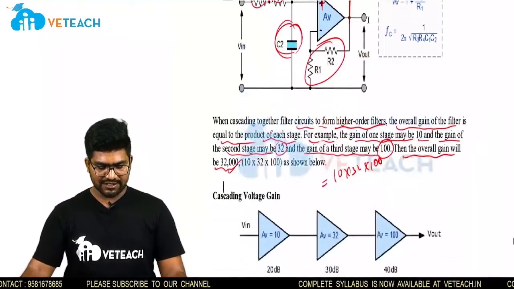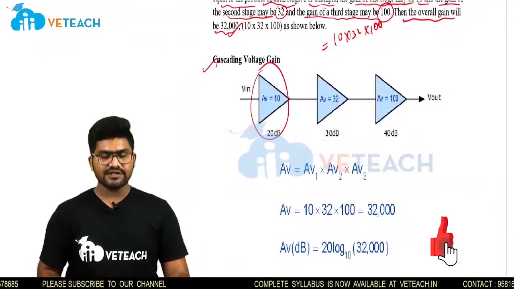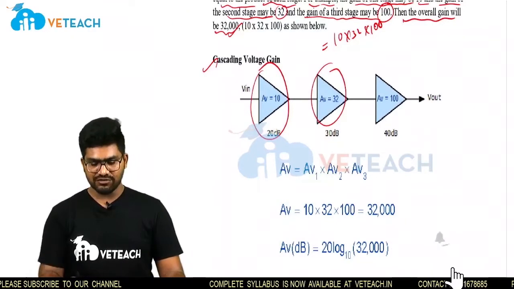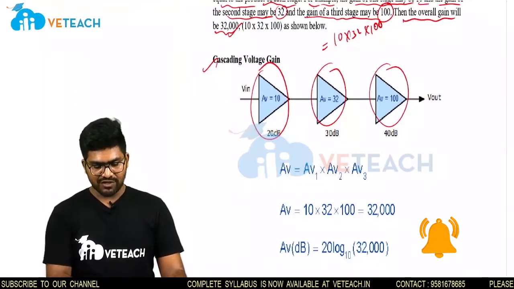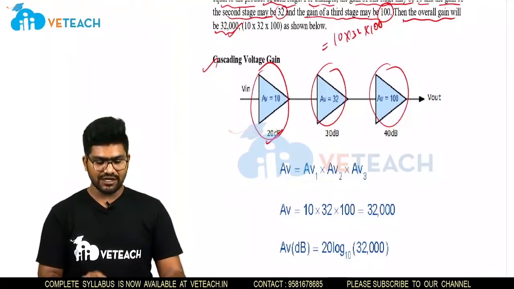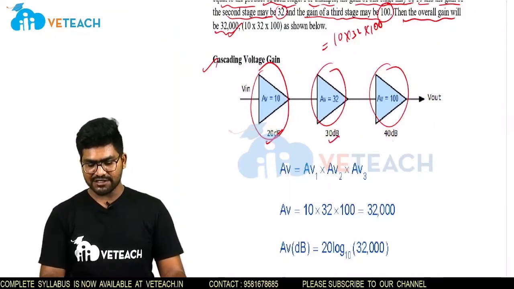If I take an example of cascaded voltage gain, the first amplifier has a gain of 10, the second stage has 32, and the third stage has 100. If I write it in dB, a gain of 10 means 20 dB, 32 means 30 dB, and 100 means 40 dB.